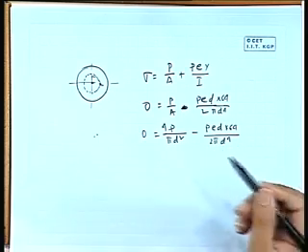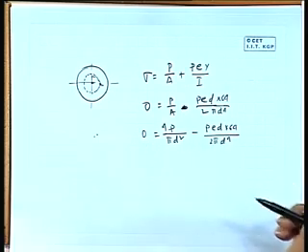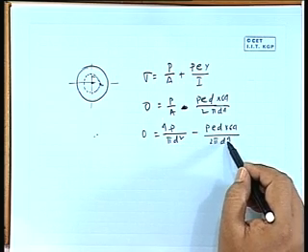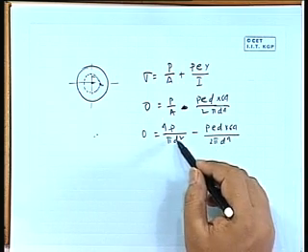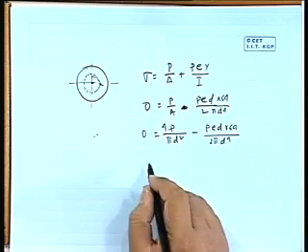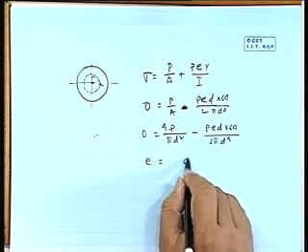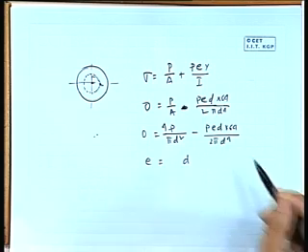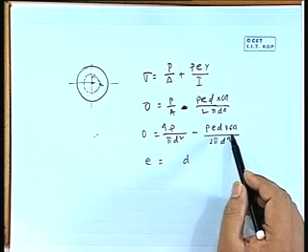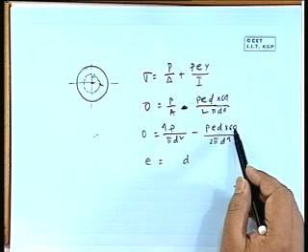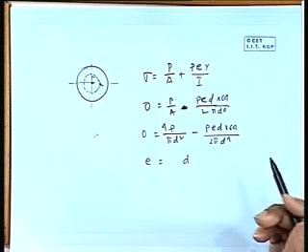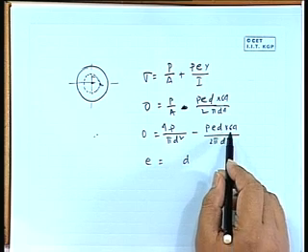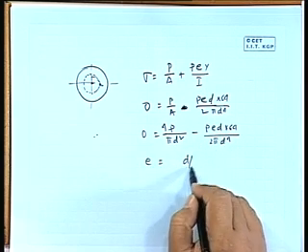So from here we can calculate. Pi cancels, P will cancel, D squared, D will come here. So e will be D into some factor. The factor will be how much? This 64 will be 32, 32 divided by 4 is 8. So it will be 8. So e is D by 8.